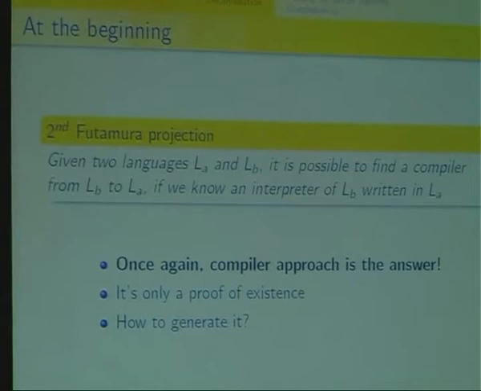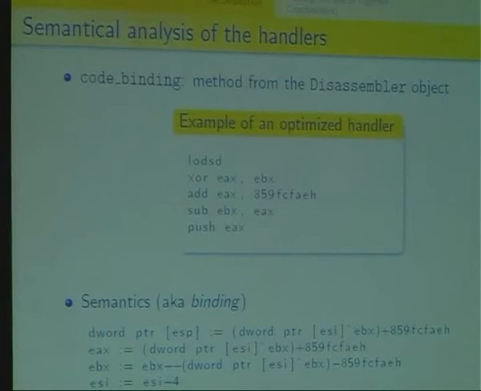Something like 13 years ago, someone proposed a theorem that says that if you know the interpreter, then you are able to code a compiler from your bytecode to native code, to sum up. And that's exactly what we do. But this theorem was only a proof of existence, and what we'll show you here is that we can actually do this.